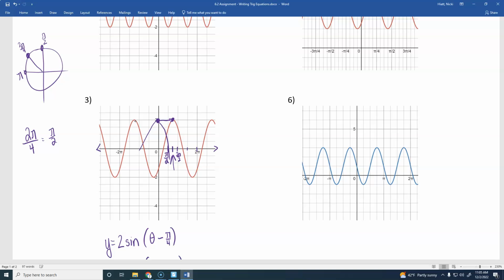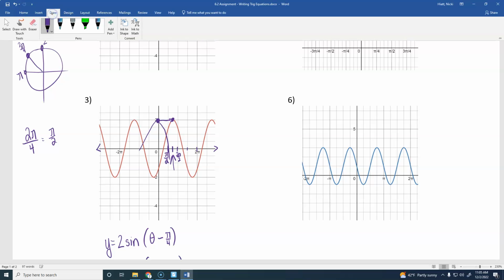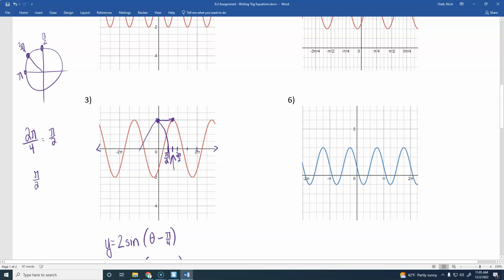You could just think of averaging those two. To average, you add together and divide by 2, right? Pi over 2 plus 2 pi over 2 divided by 2. So that'd be 3 pi over 2 divided by 2, which is 2 over 1, dividing fractions. Flip the second, multiply. You get 3 pi over 4 there.